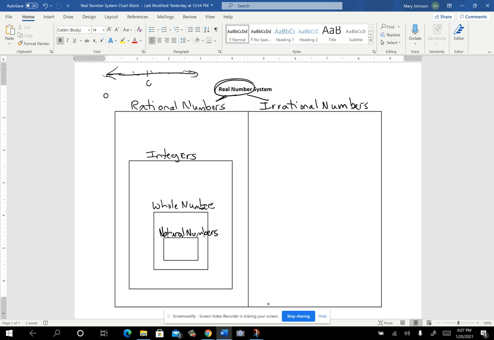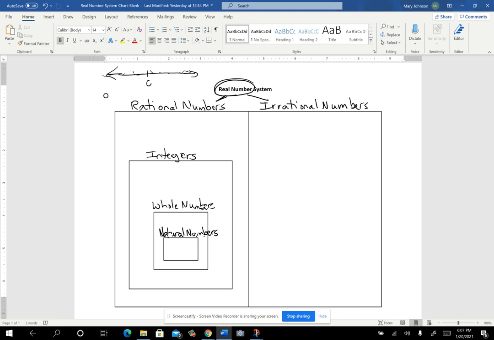It's also an integer, and it's also a rational number, which means it's real. So rational numbers are not just the numbers in this area, they're the numbers anywhere in any of those boxes. So like all natural numbers are whole numbers, all integers are rational numbers, etc.